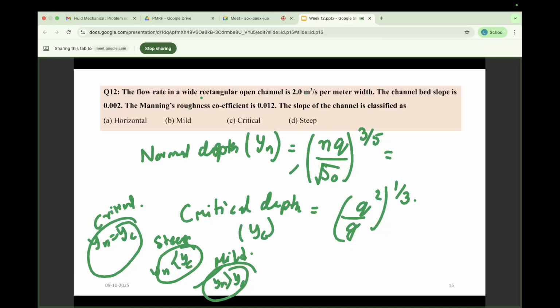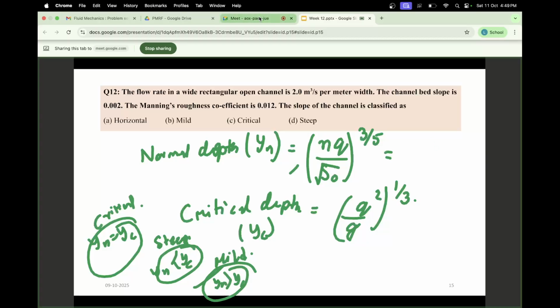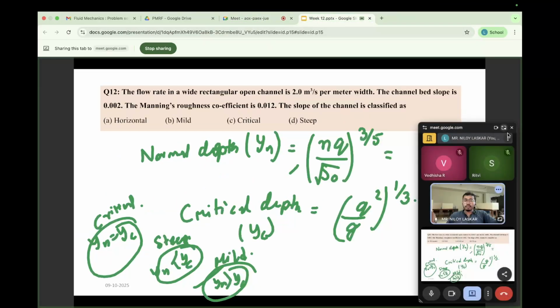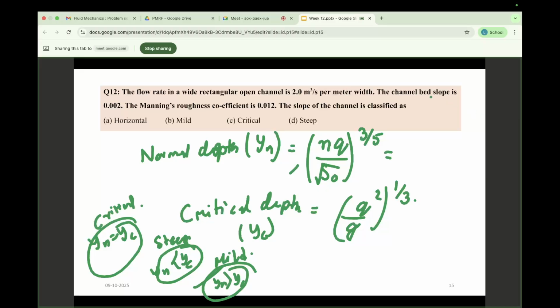And this q means the flow rate per meter width, which is also given. And so is the channel bed slope. Okay, please answer this one.